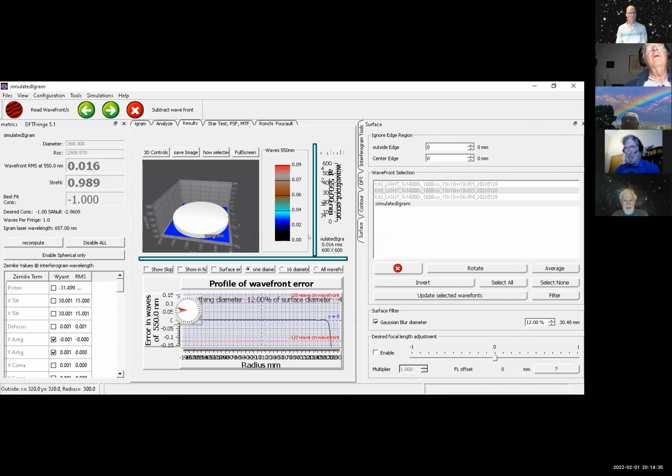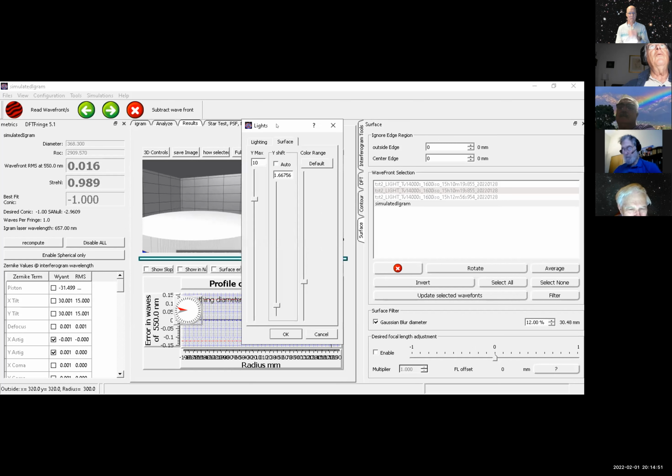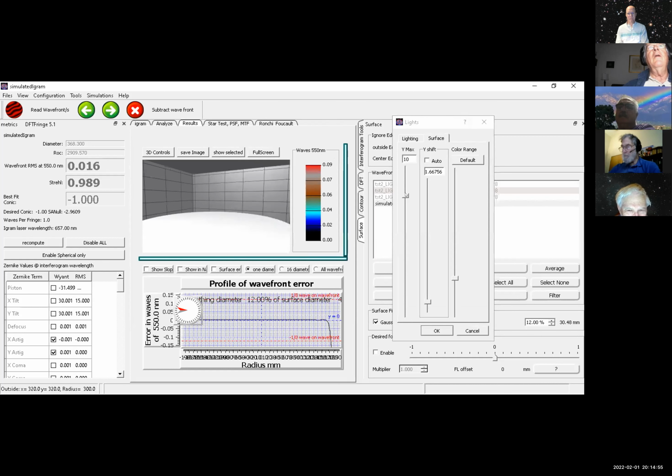Oh, there it is. Okay, so this is a perfect mirror. Looks like a blank. Yeah, there's a little bit of, this is probably due to the mathematical. If I were to go get my 3D things there and try and look at sensitivity. Okay.